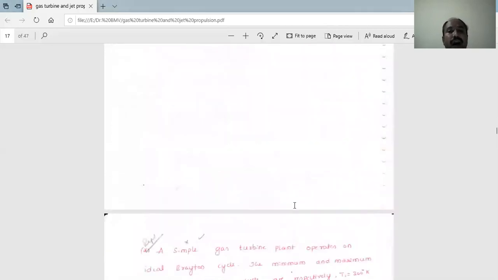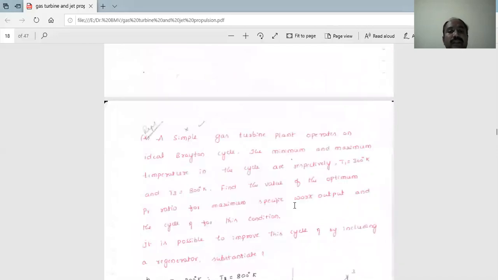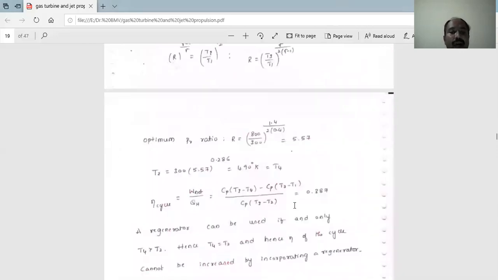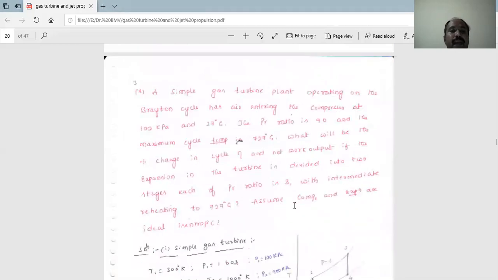Now we can solve a problem on gas turbine. Okay, now we read out the problem here. This is a simple problem on gas turbine. A simple gas turbine plant operating on Brayton cycle has air entering the compressor at 100 kilopascal and 27 degrees centigrade.